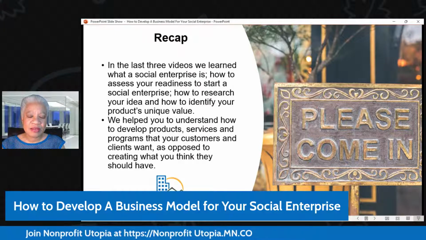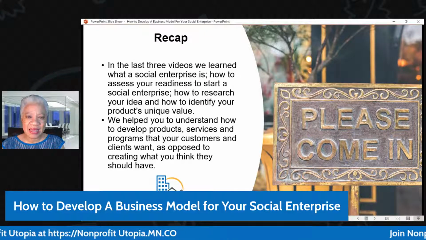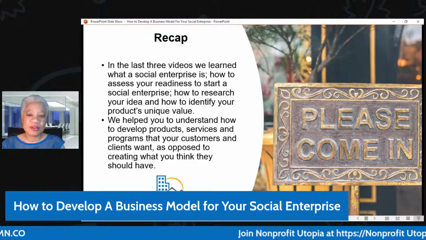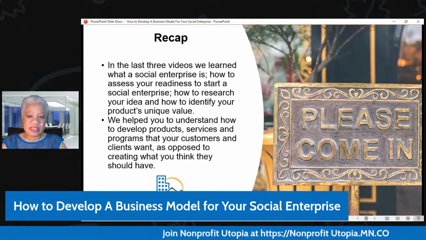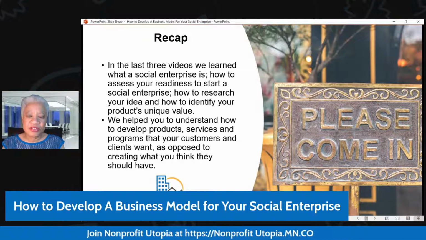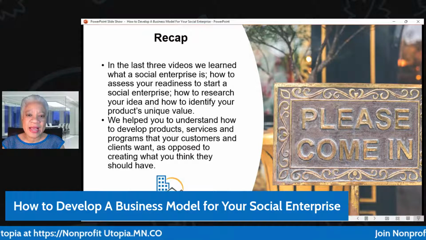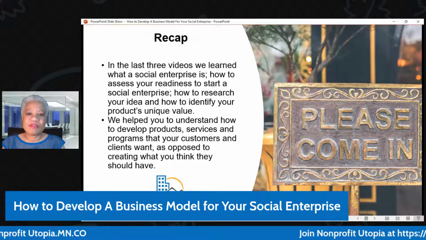And today we're going to talk about the business model. And just know that your value proposition is the center, literally the center, of your business model. And you're looking at ways to actually deliver value.